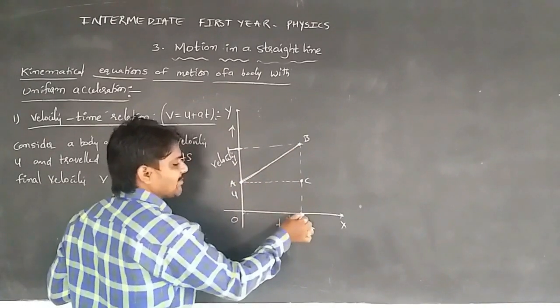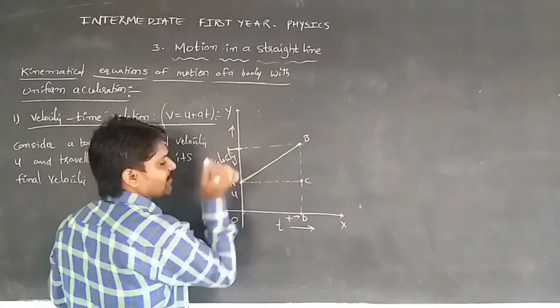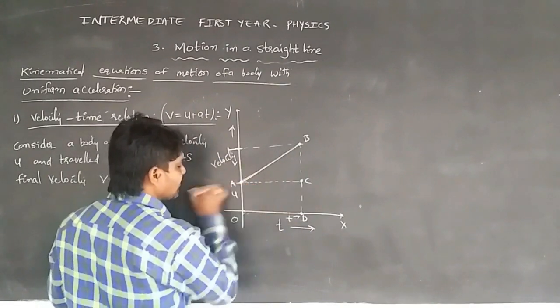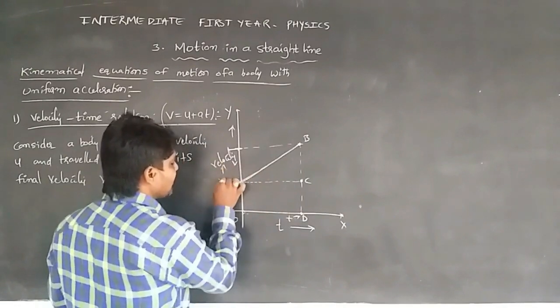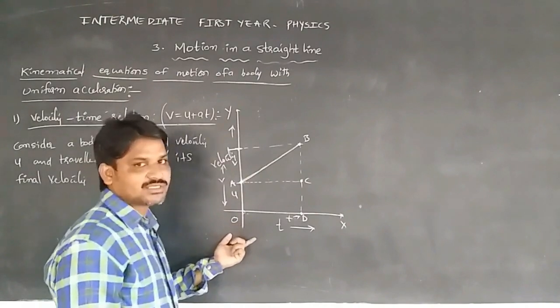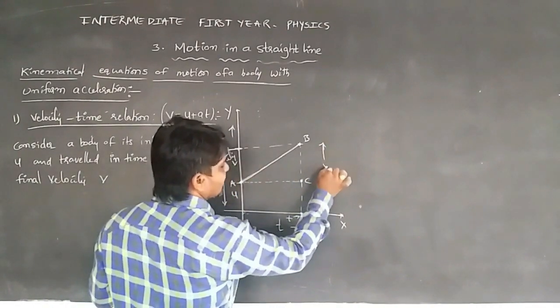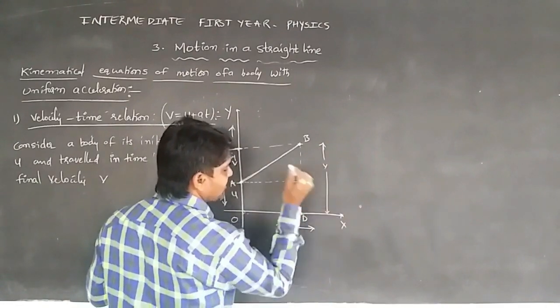So after t seconds, its final velocity will be v. We are taking the velocity-time graph, so this total is considered as v.